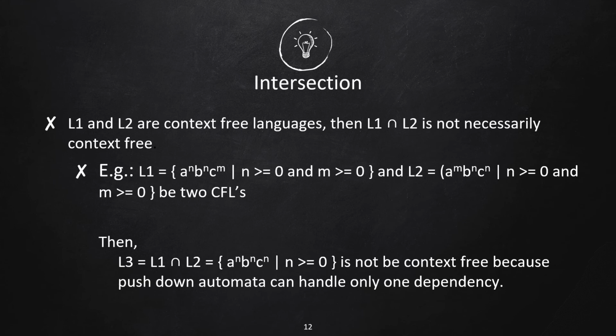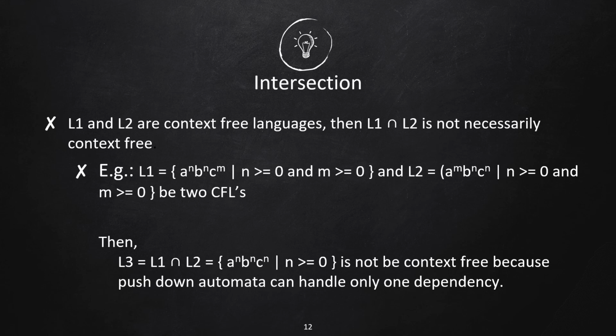As informed earlier, context-free languages can handle only one dependency, but here the language L3 has two dependencies. As already mentioned in this video, if we can find at least one example which does not satisfy the closure property, then we can say that context-free languages are not closed under that particular property. So intersection is not closed for context-free languages.